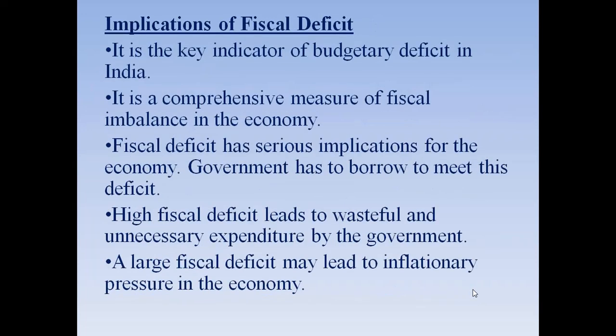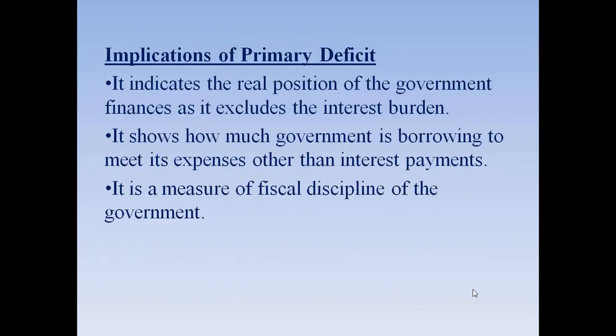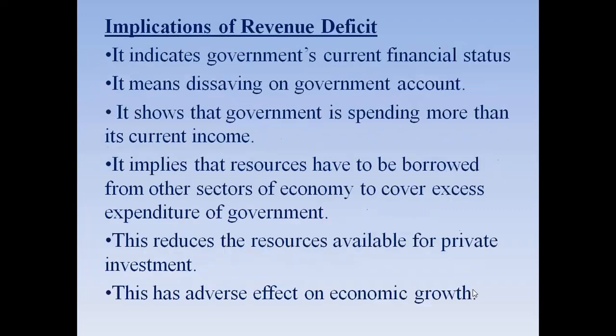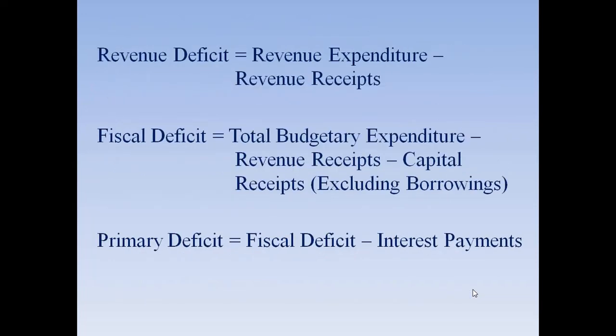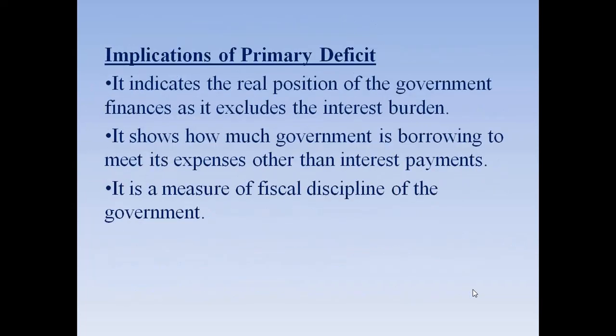Remember. And the primary deficit shows the government's real financial position, what amount of finance it has, excluding the interest burden. So these are the main implications of revenue deficit, fiscal deficit, and primary deficit. Please go through this part. I hope you will understand.